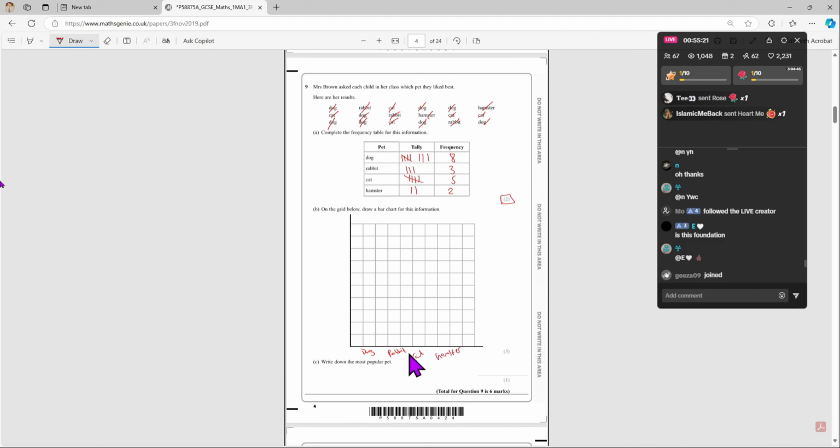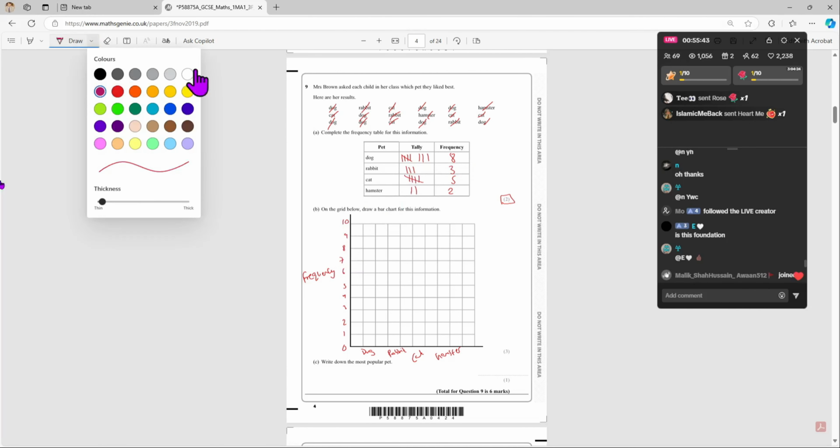And then once we have done that, we're going to label the frequency. This is going to be our frequency. And then we're going to have 0, 1, 2, 3, and just label it up the whole y-axis. Like that. So now we have already done the table, so we have to plot it.